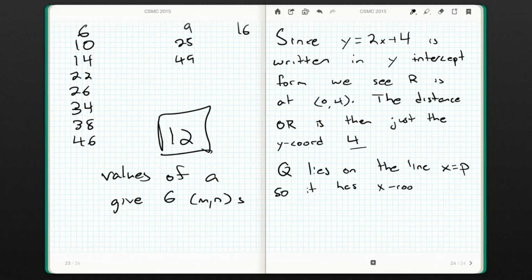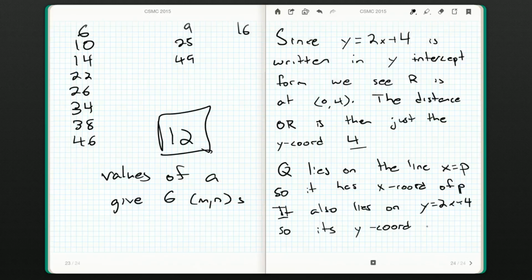So it has x coordinate of p. It also lies on y equals 2x plus 4. So its y-coordinate is, well, y is equal to 2p, because that's the x-coordinate, plus 4.